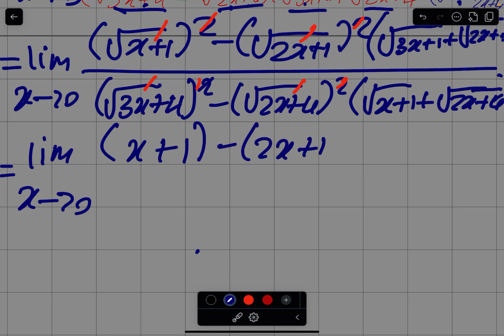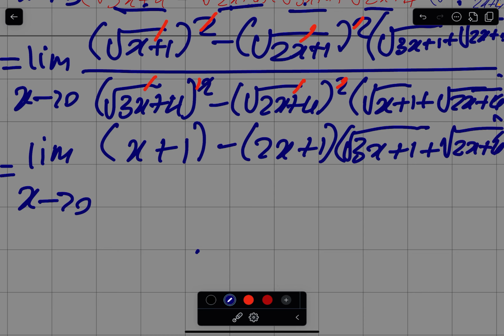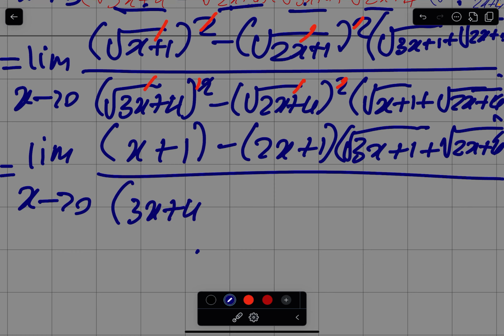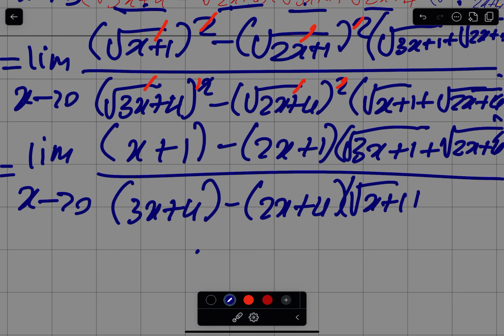You remain with 2x plus 1. You remain with square root of 3x plus 1 plus square root of 2x plus 4. All divided by 3x plus 4 minus 2x plus 4. Brackets very important. X plus 1 plus 2x plus 4.